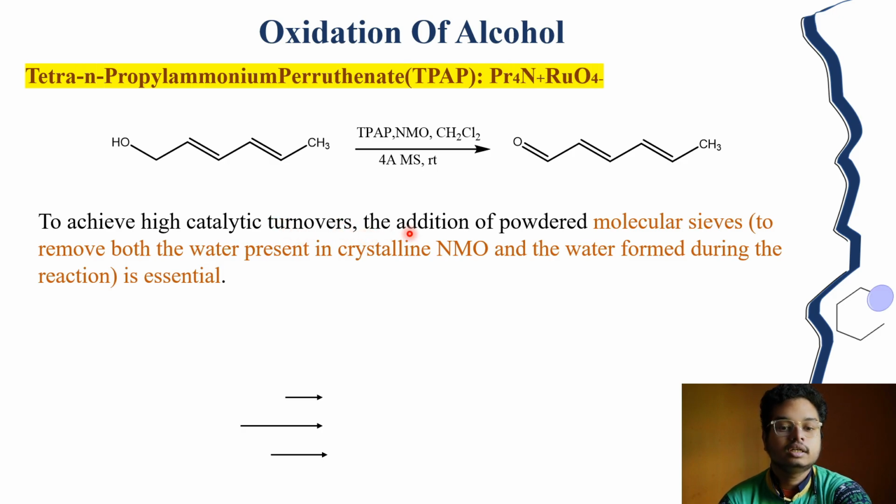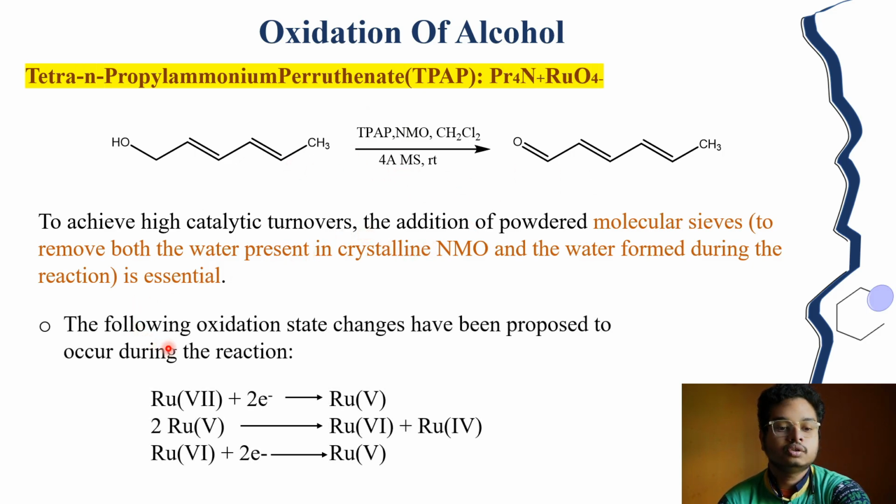Catalytic turnover means how many catalytic cycles can be performed by the catalyst before it gets deactivated. The more the catalytic turnover, the more the catalyst efficiency. Addition of powdered molecular sieves is used to remove the water that is generated during the reaction, so the catalytic turnover is increased, and that's why molecular sieves have been used here.